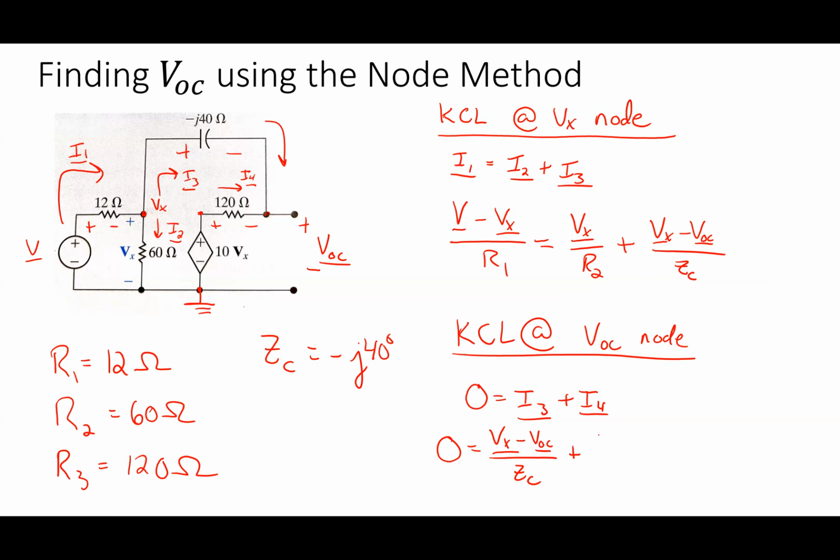Close. It's 10 Vx minus VOC, right idea, divided by what I'm calling R3. Okay. Now I've got two equations and two unknowns.